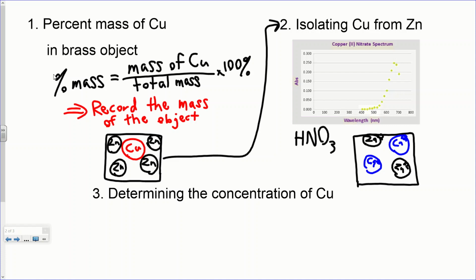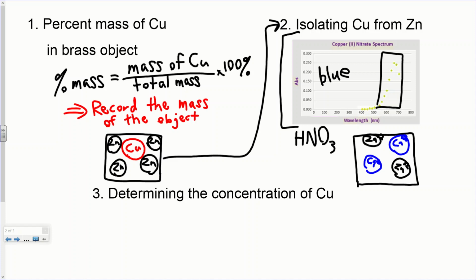But the copper ions, as we can see by this graph over here, the copper ions absorb light between 500 nanometers and 700 nanometers. In other words, they're going to be absorbing red light. That's why copper solutions appear blue. So zinc does not absorb any visible light.